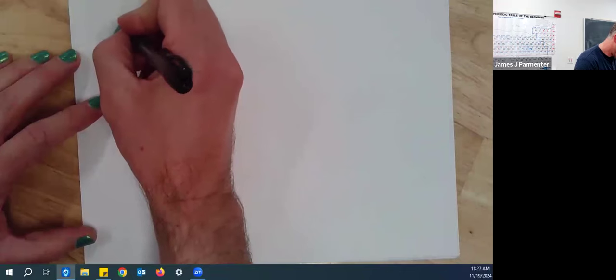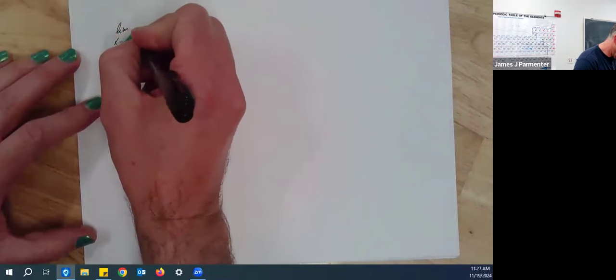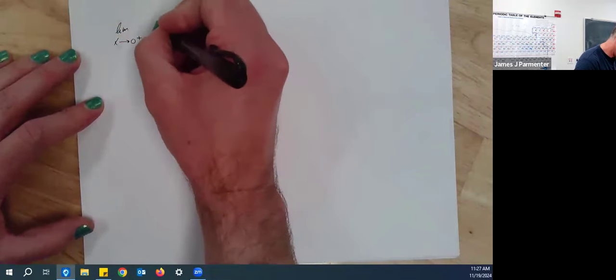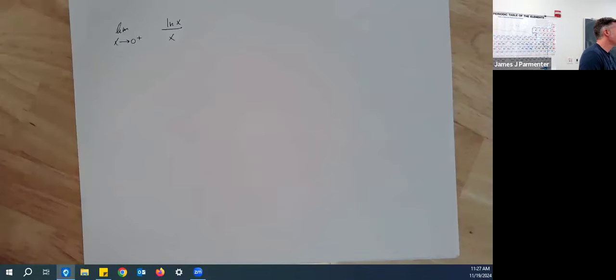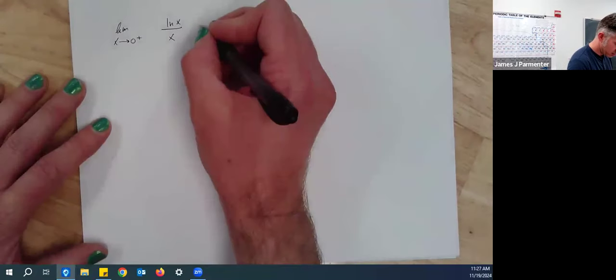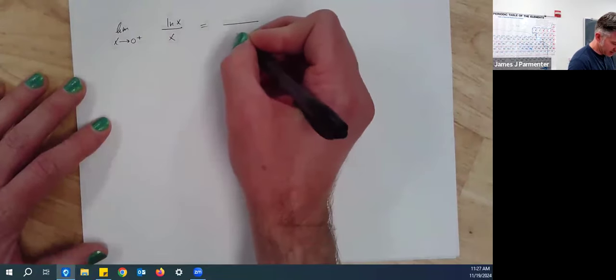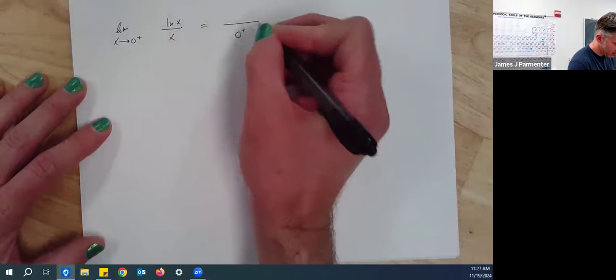If I was to ask, what's the limit as x approaches 0 from the right of the natural log of x divided by x? This is not a case where we can use L'Hopital's rule, because if you think about what's happening here, the denominator is getting very, very close to 0.